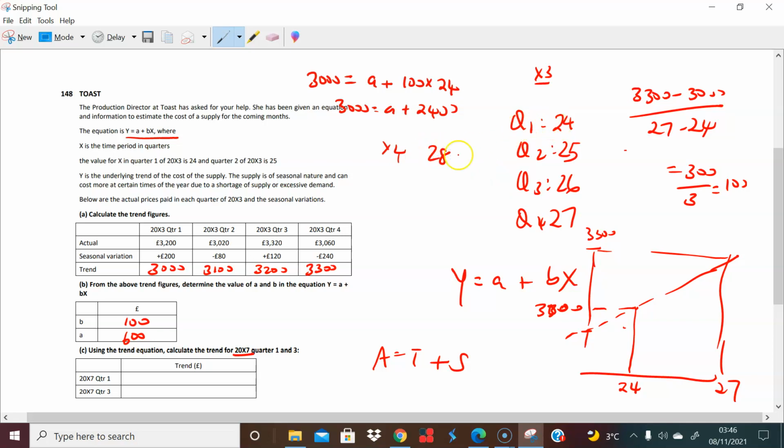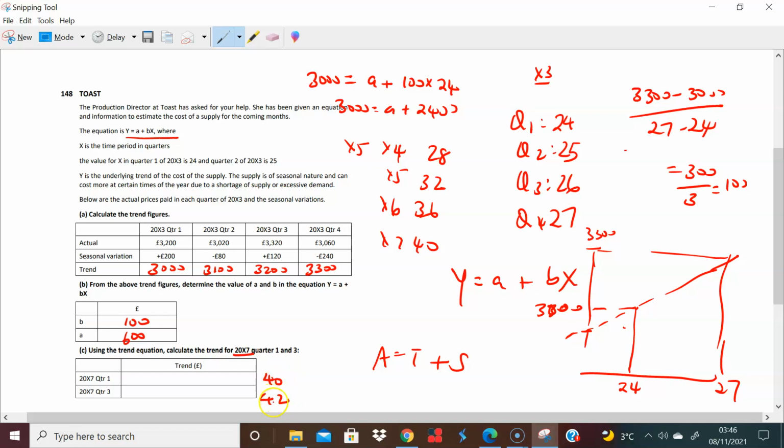Because it's 24, 25, 26, 27. And then in X5, it must be 32. And then in X6, it must be 36. And then in X7, it must be 40. So this is quarter 40 and quarter 42.